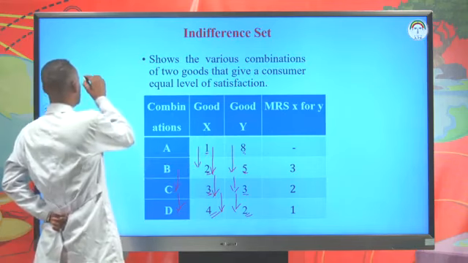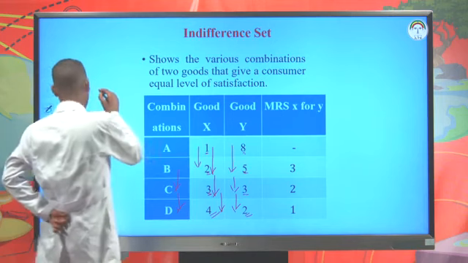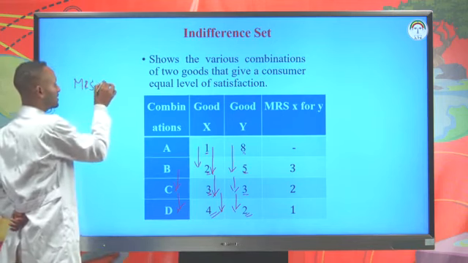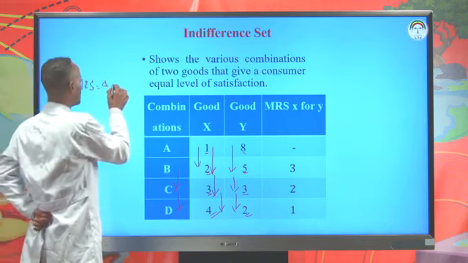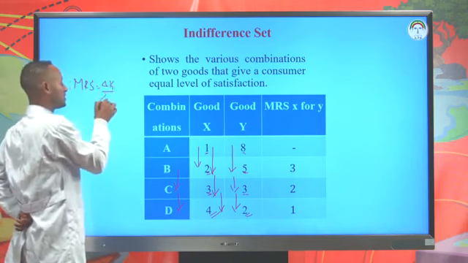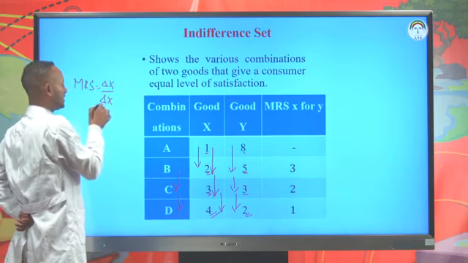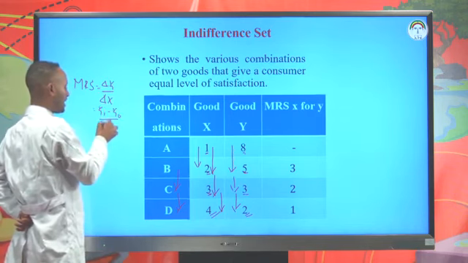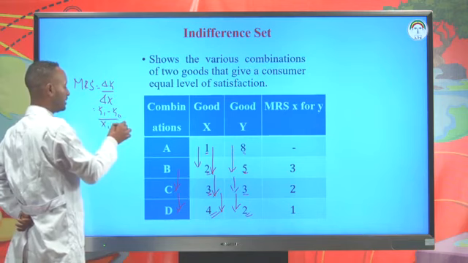This is mathematically the marginal rate of substitution, MRS of X for Y, is the changing commodity Y that is given up for the changing commodity X that is gained. This is Y final minus Y initial divided by X final minus X initial.